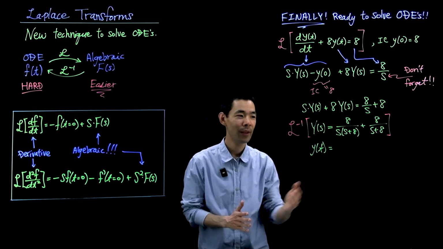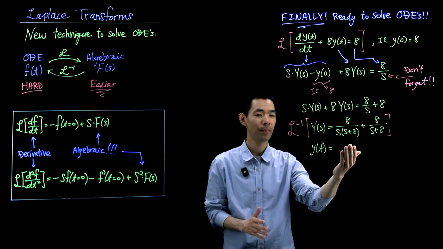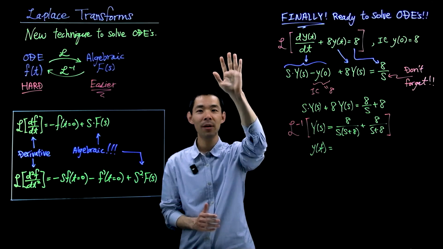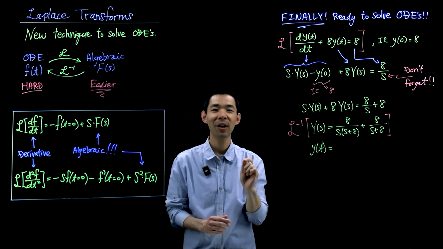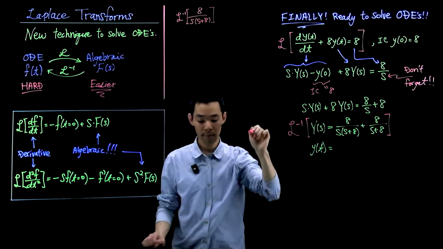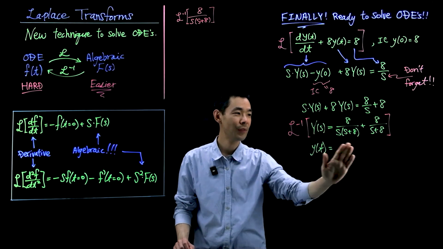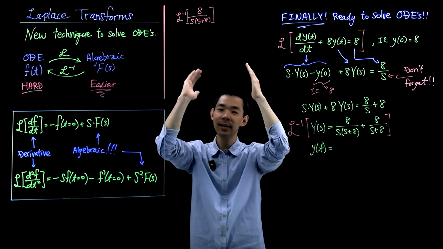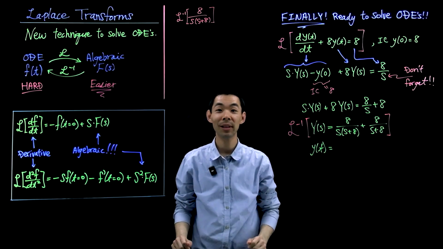Now let's think about this first term over here. I'm going to rewrite it up here so that we can do this term carefully using the Laplace table together. All right, I've just written this first term on the right up here because I wanted to solve it carefully together using the Laplace table.